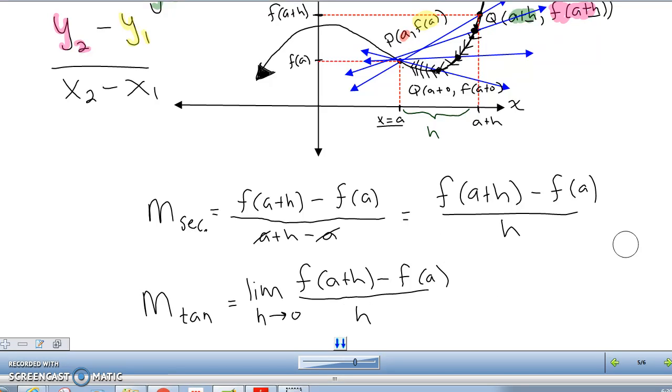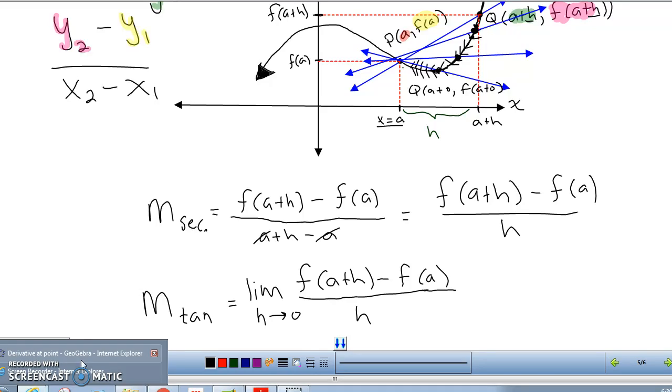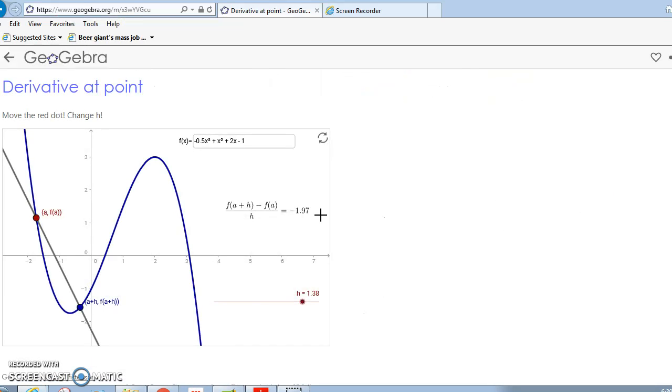Okay, so what I'm going to show you guys right now, hopefully, is a little animation that will help you see this. And I'm going to use GeoGebra. Okay, so here we have this blue function, and we have this gray secant line. This red point is a, comma, f of a, and this blue point is a plus h, comma, f of a plus h.